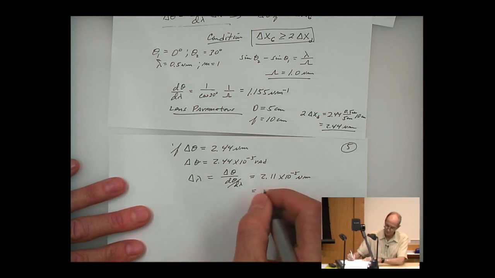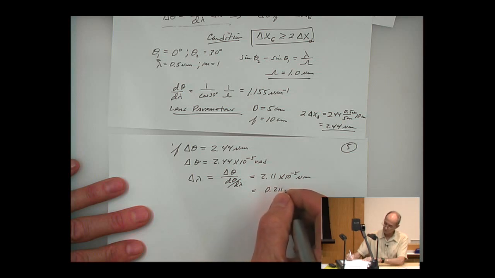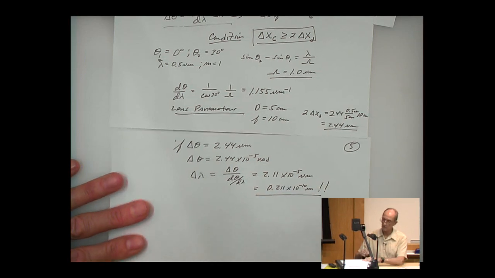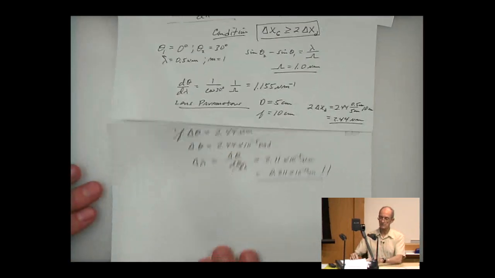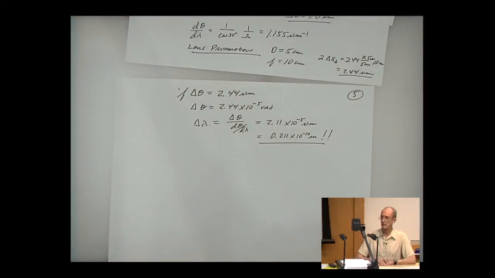That's equal to 0.211 angstroms, times 10 to the minus 10 meters. So we can do pretty well with a very simple system using a hologram that you guys can make in the lab, during your lab 1. All right, so it's a pretty high resolution capability that you can get.